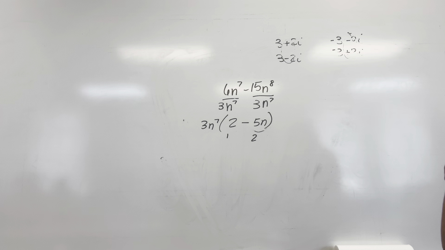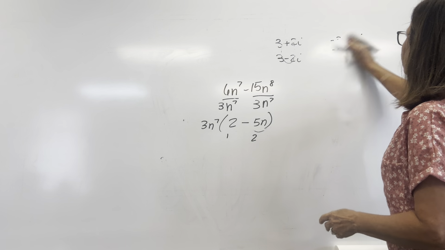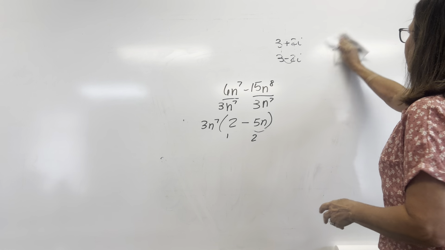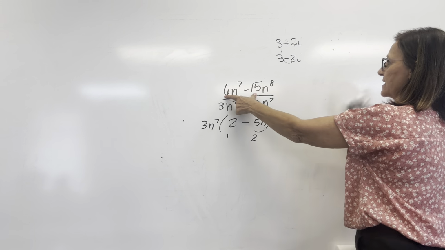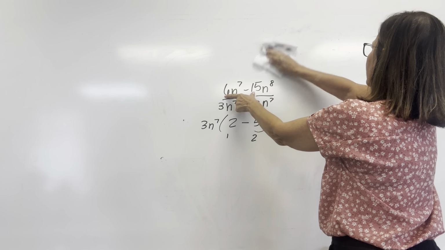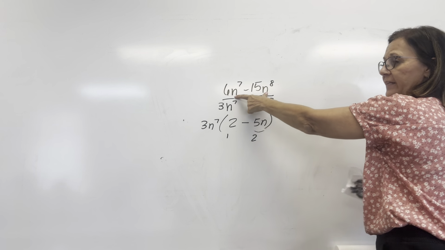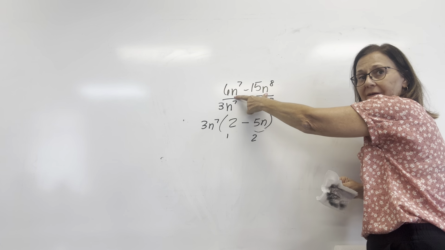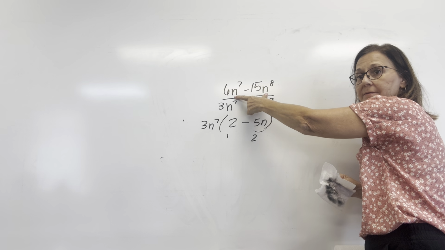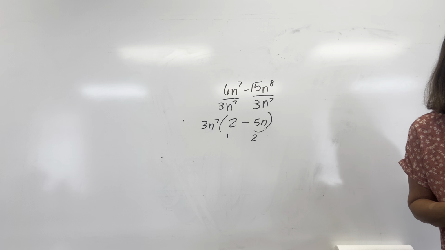That's how we factor out the greatest common factor. What did he do? He looked at the 6 and the 15 and said, what's the largest number that goes into both of those? The 3. Then he looked at the n's and he chose the lowest exponent and he factored that out. So, lowest exponent.